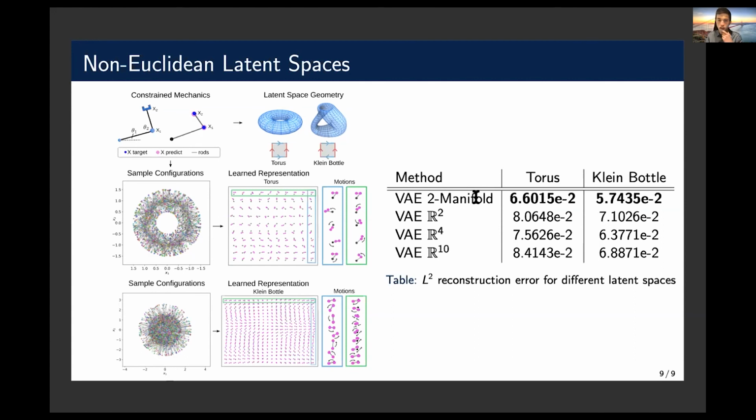It also performs better than R4, because you definitely suffer some consequences by using R4, since the latent space is inherently two-dimensional. And similarly, you suffer consequences if you use R10 as well. These are the L squared reconstruction errors for the arm mechanics problem for both the torus and Klein bottle.